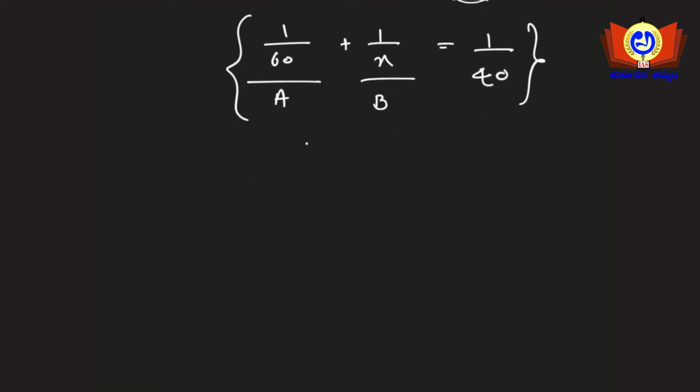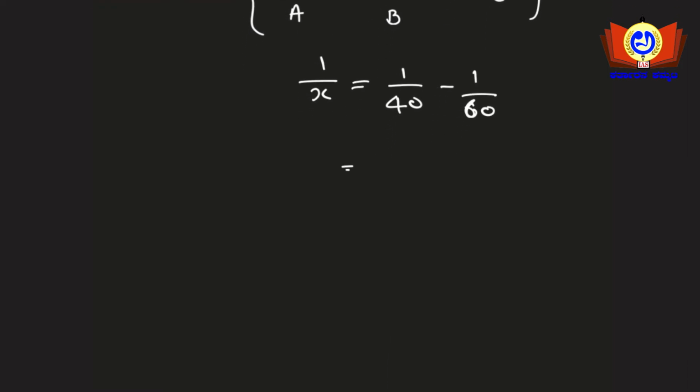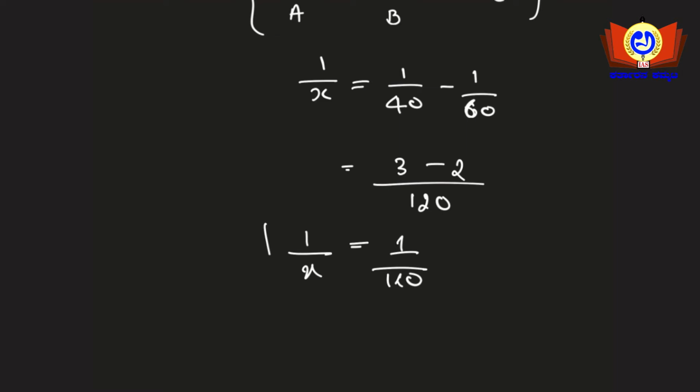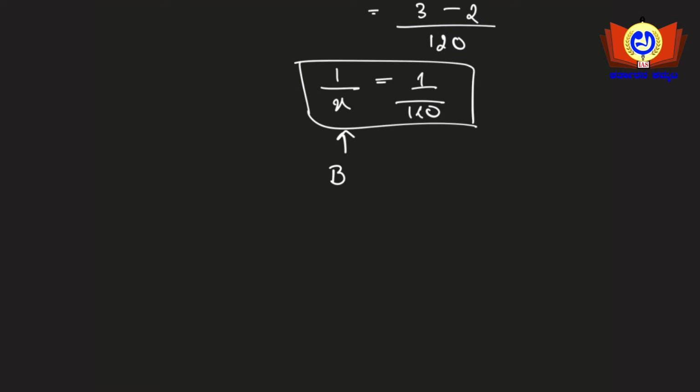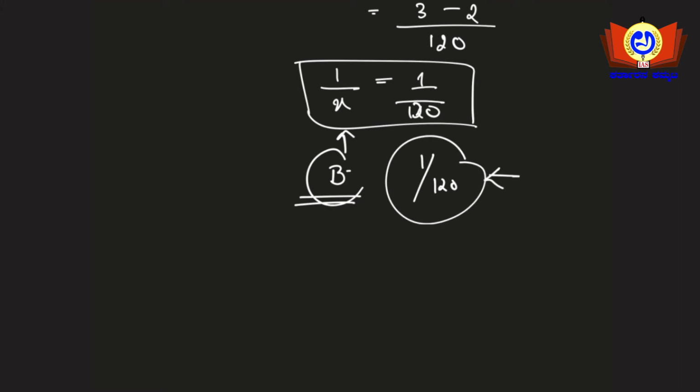Okay, I will solve here. 1 by X will be equal to 1 by 40 minus 1 by 60. Upon taking the LCM, which is 120, 3 minus 2, that will be 1 by 120. So 1 by X is 1 by 120, where X is the time taken by pipe B. So in 1 minute, 1 by 120th part of the tank will be filled by pipe B if it's working alone.